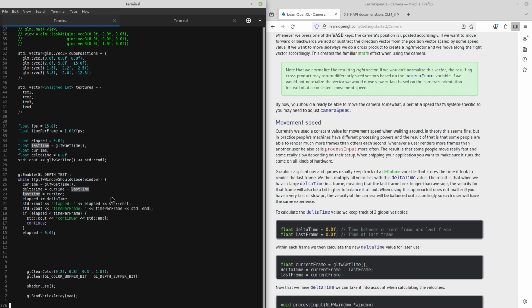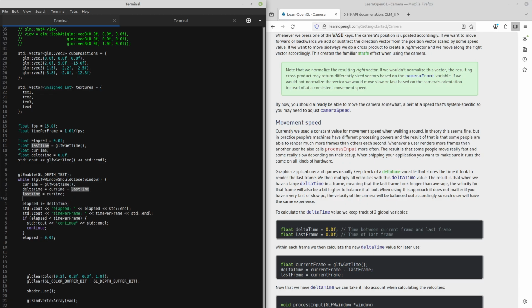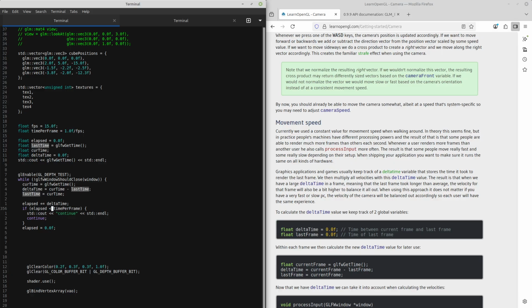Within each frame, we calculate the new delta time. So we'd say current time is this. Yeah, exactly what I did. I wasn't referencing this. Pretty much exactly, right? My only difference is I'm using this elapsed thing to calculate and simulate the specified frame rate.